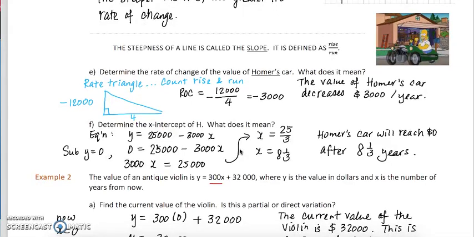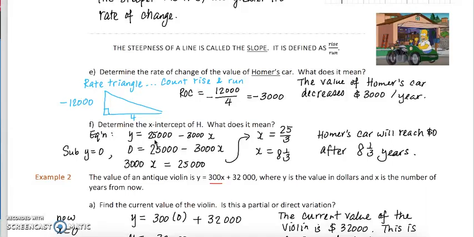Question F. Determine the x-intercept of line H. What does that mean? Well, yesterday we saw that we can come up with the equation of a linear relation by looking at a starting value, or fixed value, or base value, and then adjust that using the constant changes.